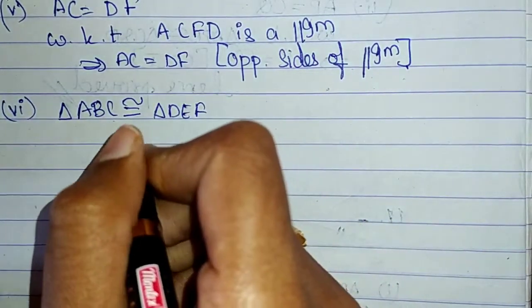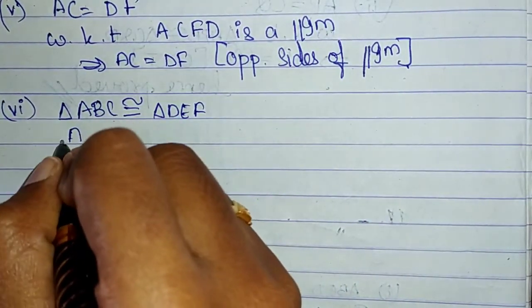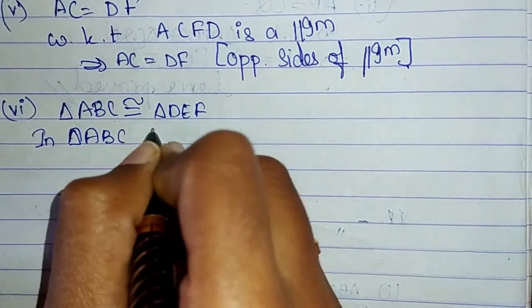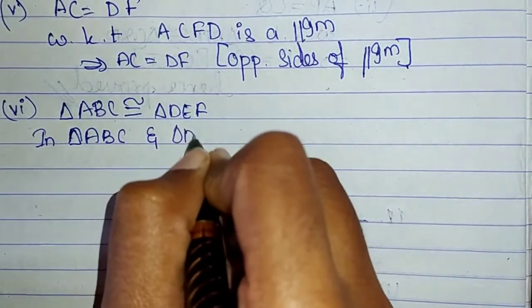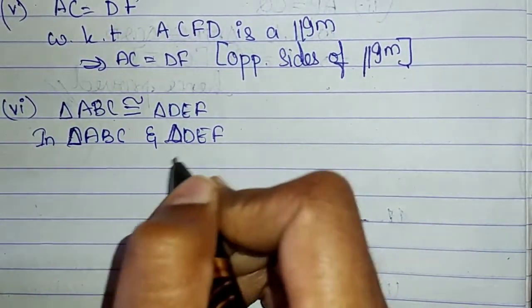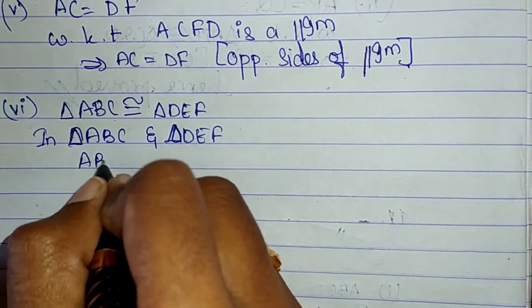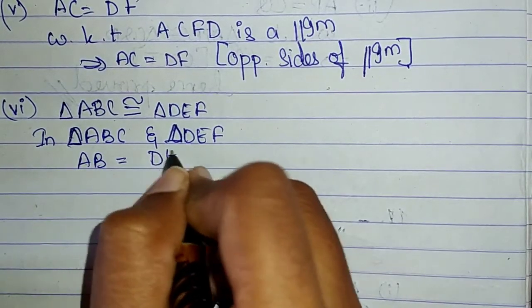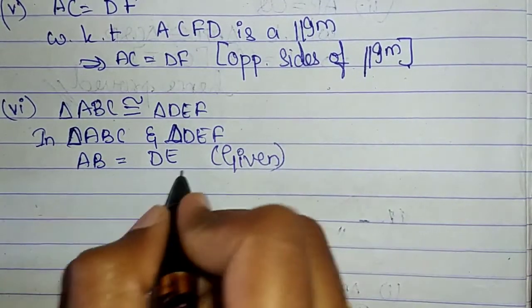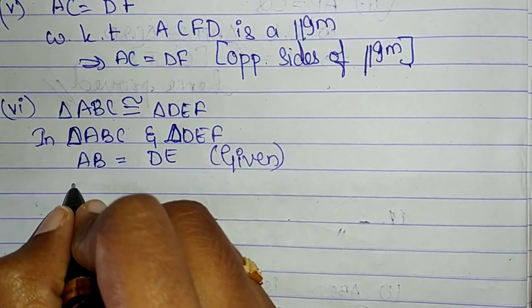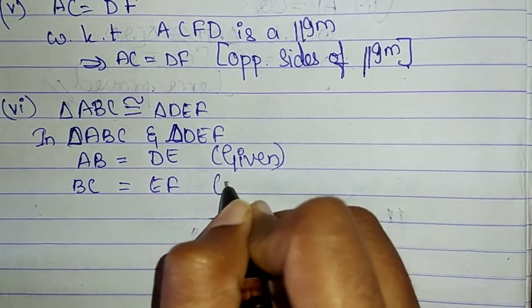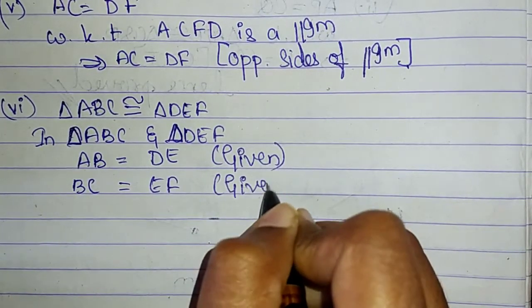To do that, we know that in triangle ABC and triangle DEF, AB is equal to DE, it is given. Similarly, BC is equal to EF is also given.